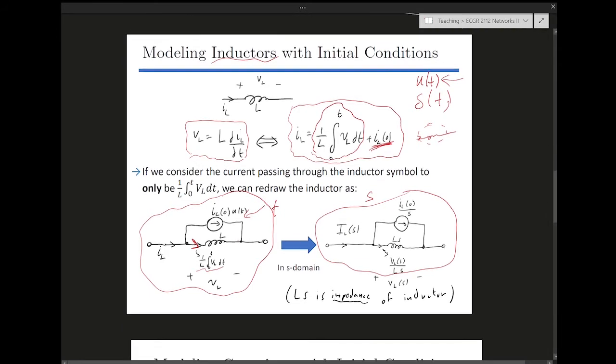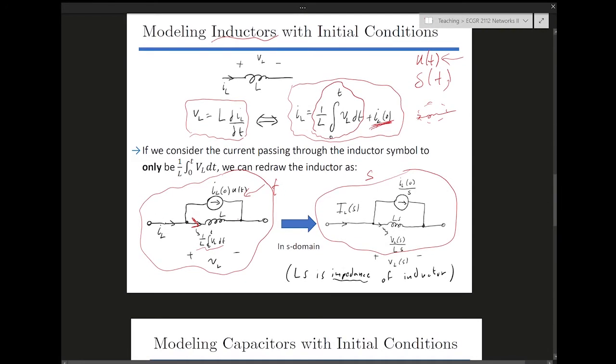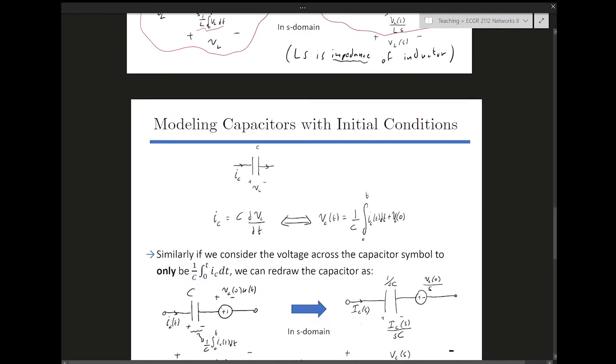Okay. We can do a similar treatment for the capacitor. So this is what the integral equation for the capacitor is going to be. The voltage across the capacitor is going to be this integral plus this initial condition voltage.